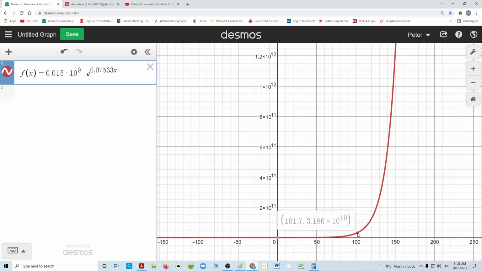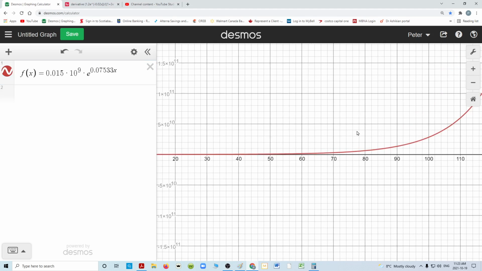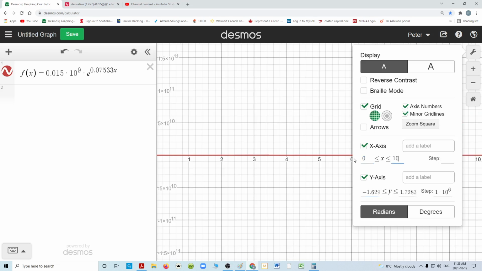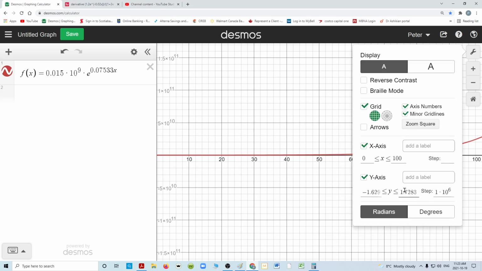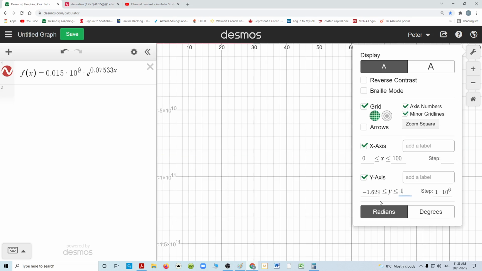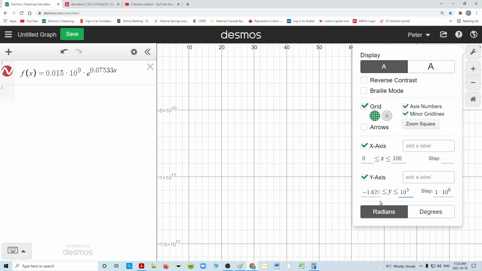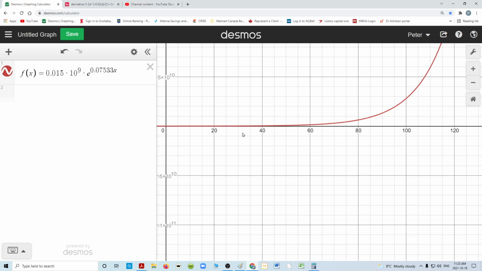So we're only concerned about the first 100 years. So we'll make that a little bit shorter on the y-axis. And we'll just make our y-axis not as crazy. There. Kind of get a good idea.